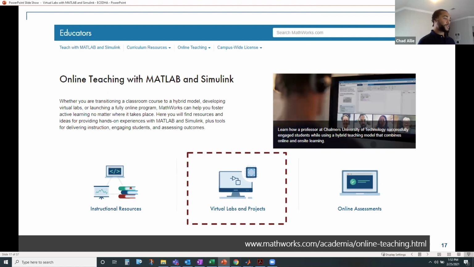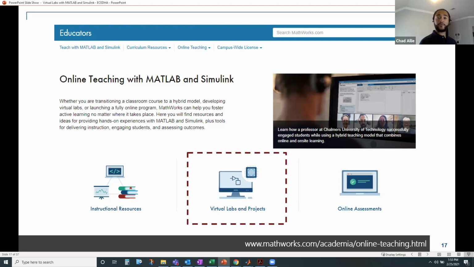With our instructional resources, there's things like free on-ramps that get you started with their 2-hour courses that are modular, available online for free that you can use to learn different areas such as data science and MATLAB and even Simulink in itself.